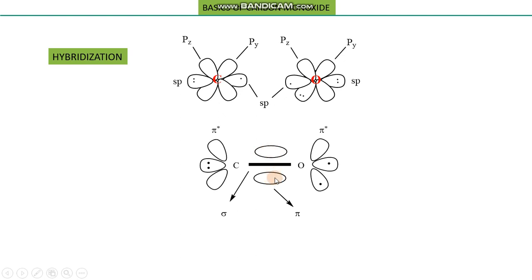And if you go a little bit back to the previous lecture, another bond, the third one, was established as a result of complete sharing of electrons from one side, and that was oxygen. So that was actually the coordinate covalent bond, and because of it we also discussed the polarity of carbon monoxide, and why it is polar, because logically the electronegativity difference between carbon and oxygen is large.